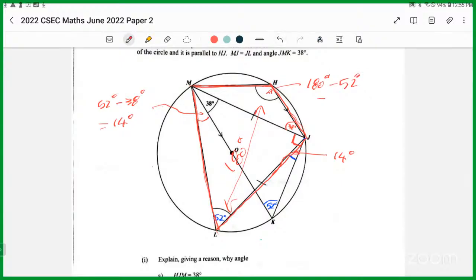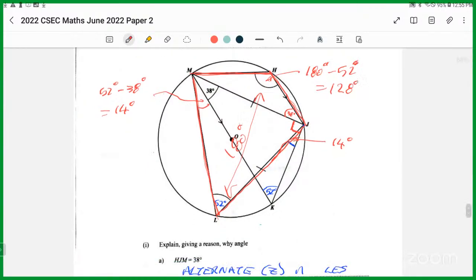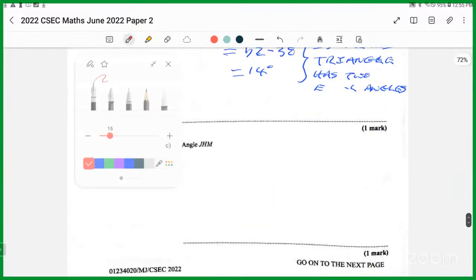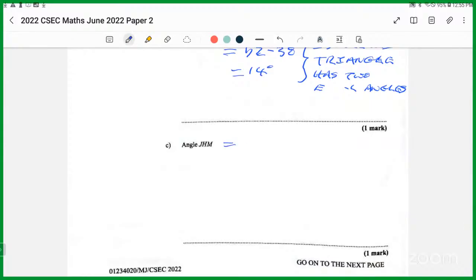Which works out to be 180 minus 50 first is 130, minus 2 more is 128 degrees. Because opposite angles in a cyclic quadrilateral are supplementary. That's the reason. So this angle up here is 180 minus 52, which is 128 degrees.